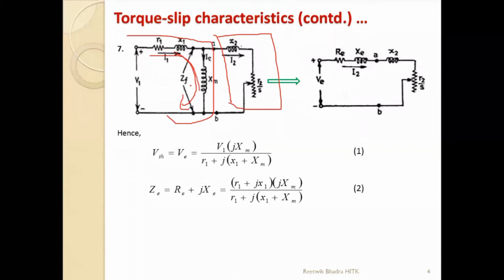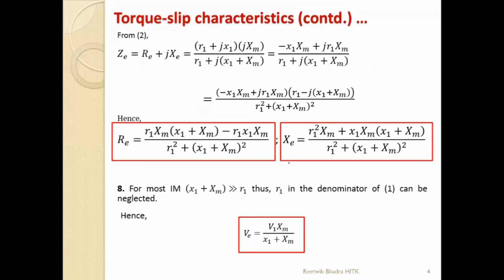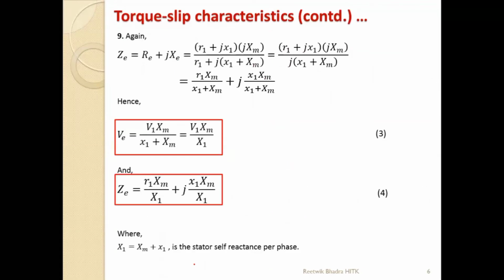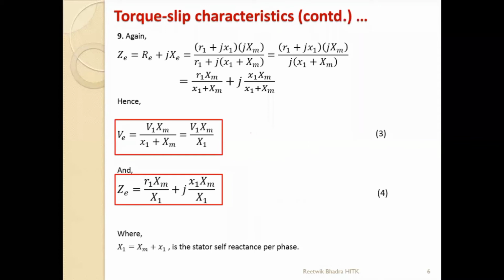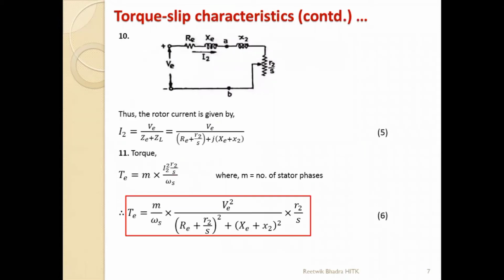So X1 plus Xm is nothing but your stator side self-reactance. That's why they tell this one as stator side self-reactance per phase. All per phase values I told you, X, R, Z, all are per phase. So VE and ZE are these formulas: V1 Xm by X1, and ZE is equal to R1 Xm by X1 plus j X1 Xm by X1. So these are all the derivations we have done.